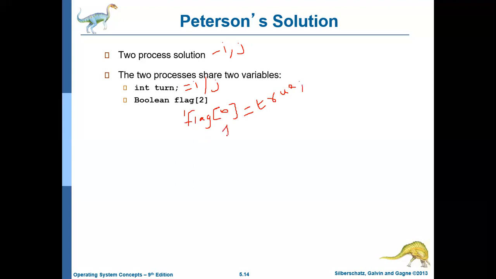Similarly, flag of 1 will be true if the jth process wants to enter the critical section at this particular time.